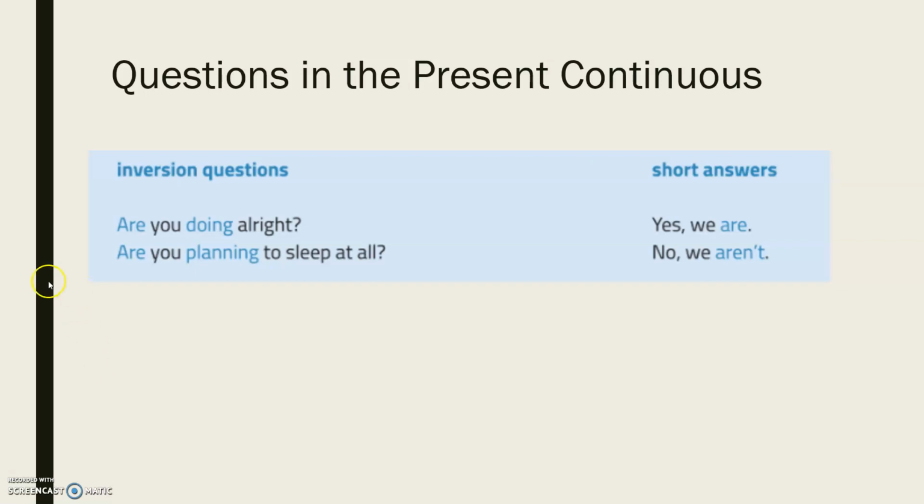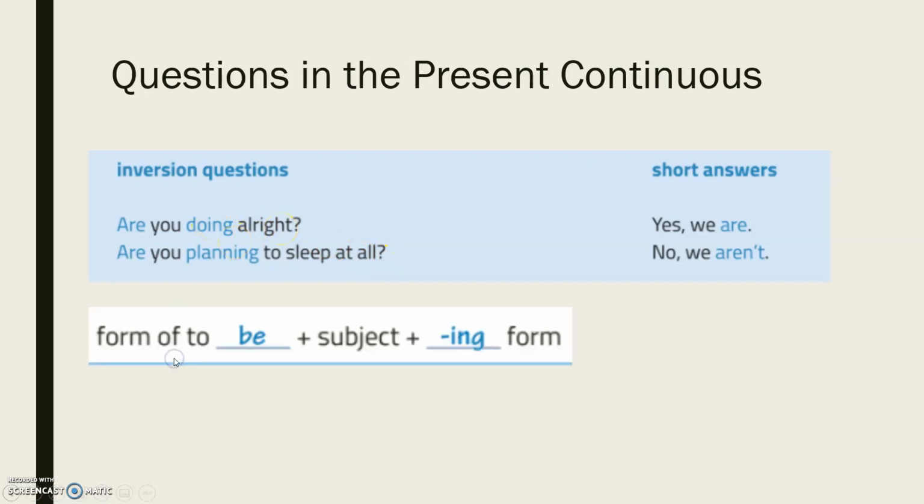Let's first start with inversion questions, or yes/no questions, which you already know, of course. Examples are: are you doing all right? Are you planning to sleep at all? A typical inversion question always starts with the correct form of to be, for instance, in this case, are.